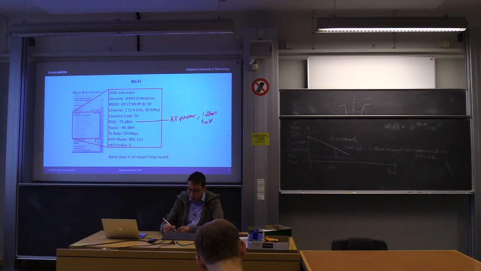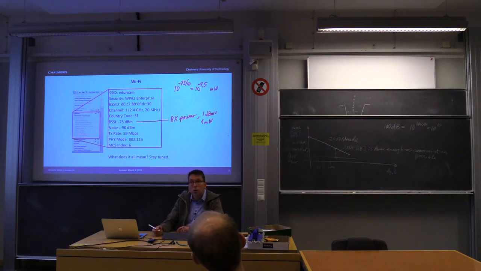So it's 10 to the minus 75 divided by 10, 10 to the minus 7.5 milliwatts. That's not a whole lot of power, right? So this is the current received power in this screenshot.